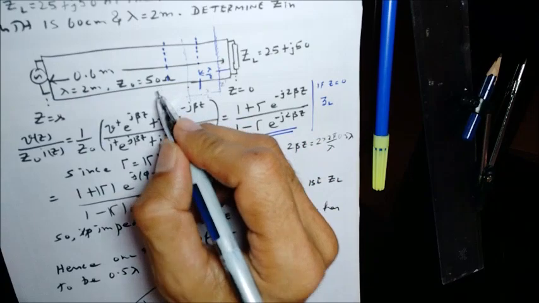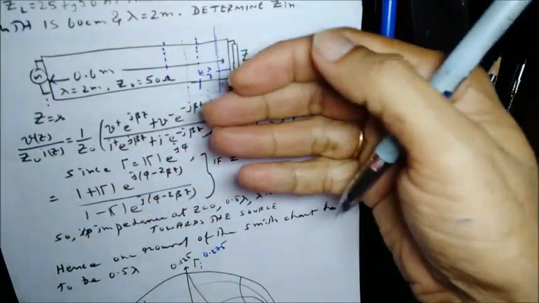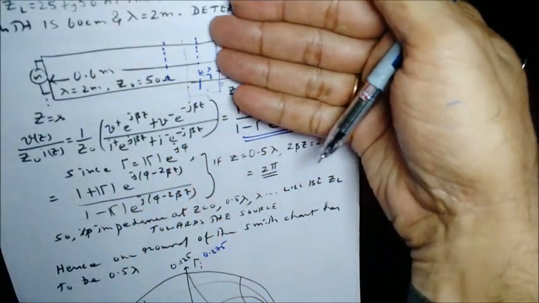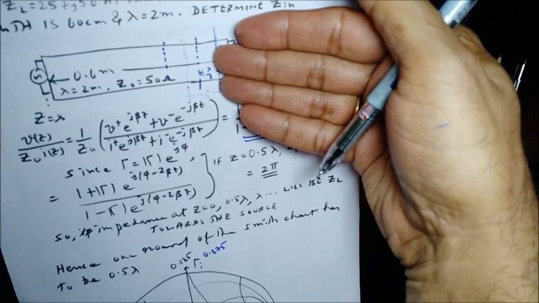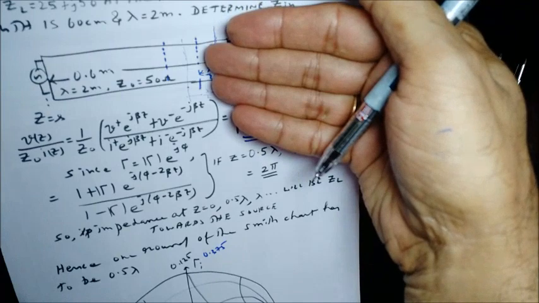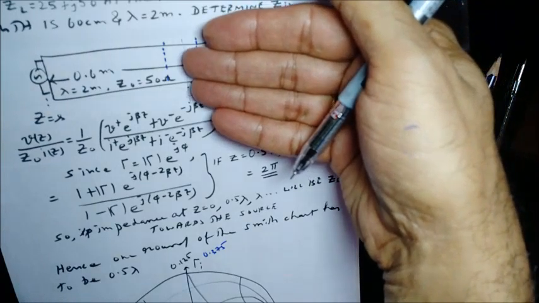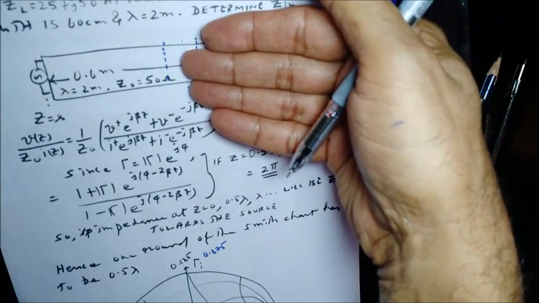So whatever impedance you have at a particular point on the transmission line, you will get the same impedance as you move lambda by 2 units on the transmission line towards the source.